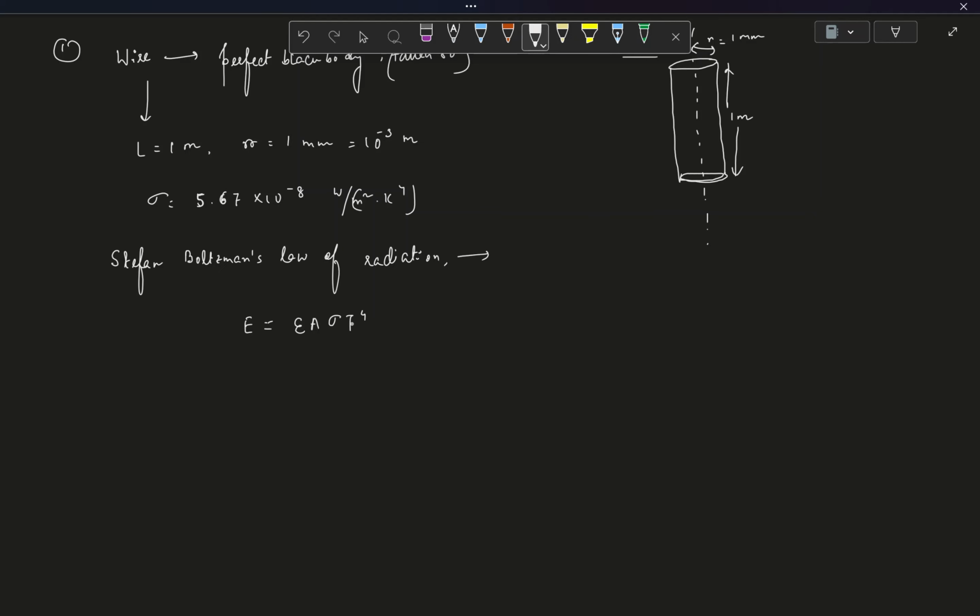Now you have to know what the different factors are in the formula.